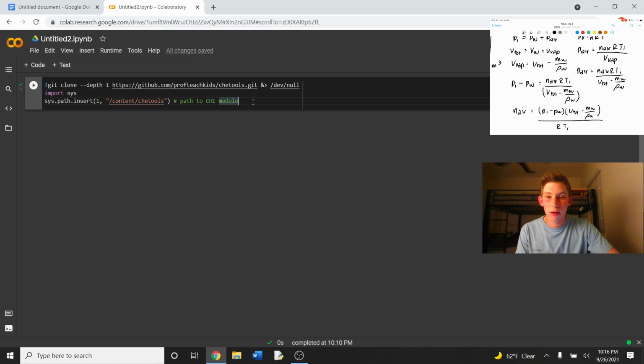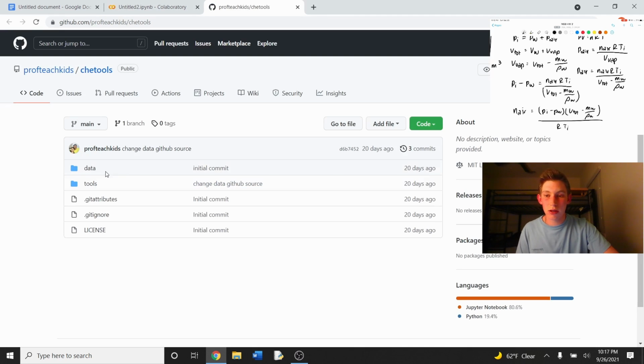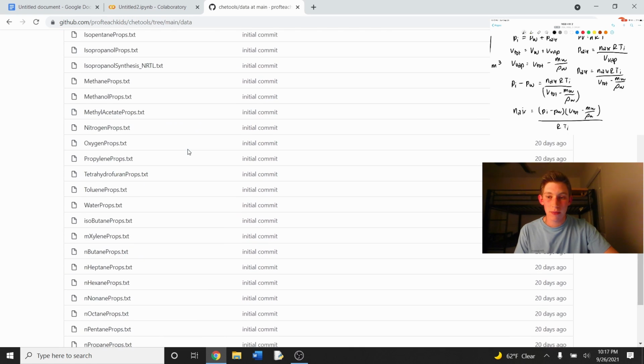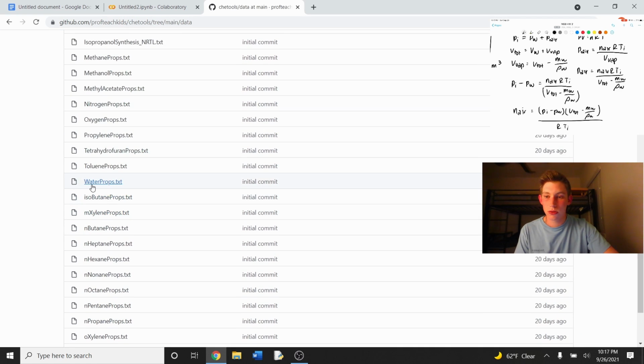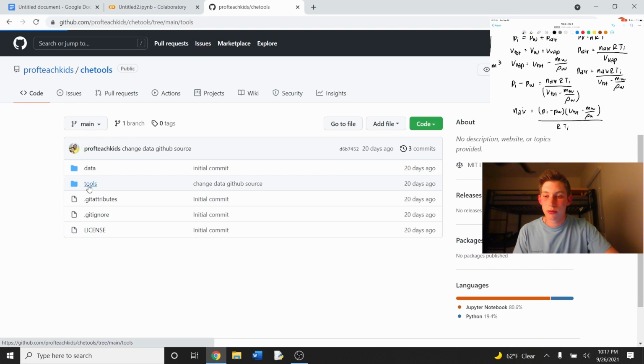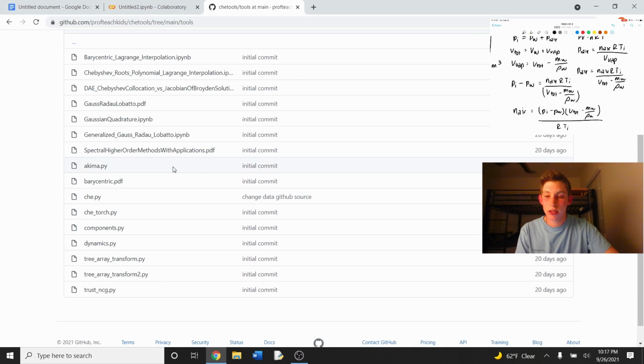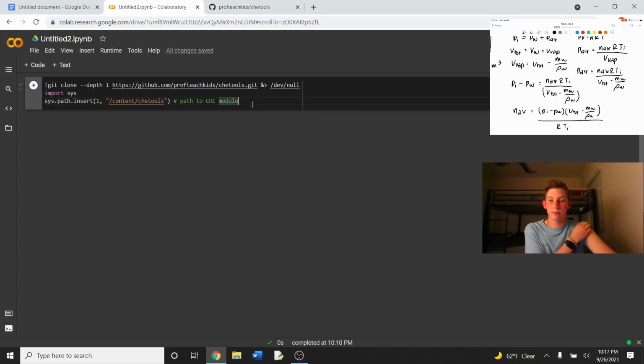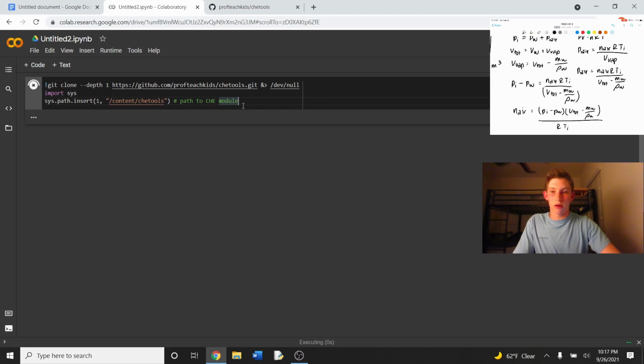We're importing a module here with some chemical engineering tools and data. The data here includes all different kinds of compounds, including water, which we are going to focus on. And it also includes different kinds of tools, and we're going to be using one of these to be able to find different aspects of the water.